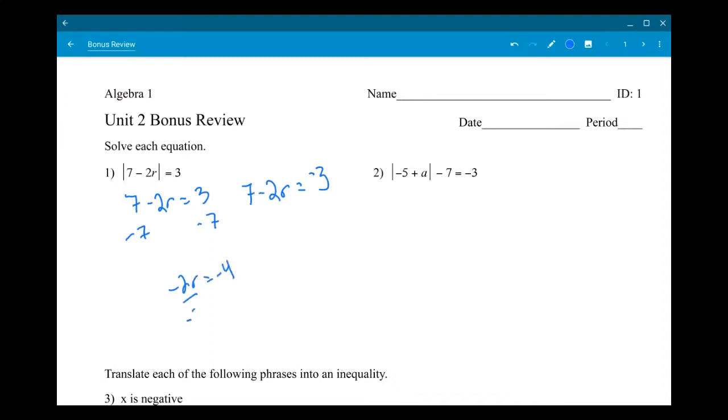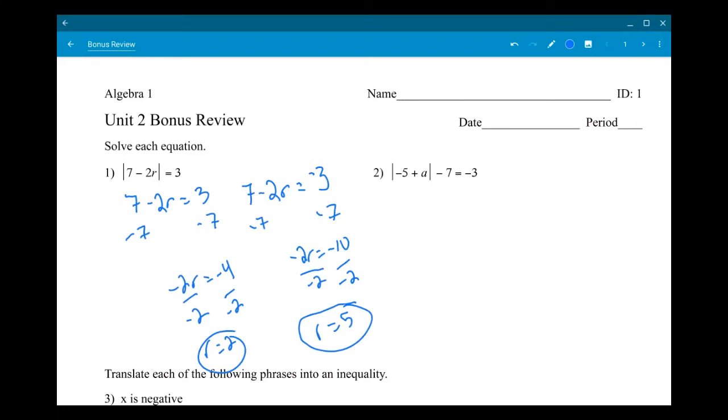I'm dividing by -2, and I get r equals 2. I do the exact same thing on the other one. I subtract 7 and get -2r equals -10, and I divide by -2. There are my two answers. And if you plugged them back in for r into the original equation, they would make the equation true.